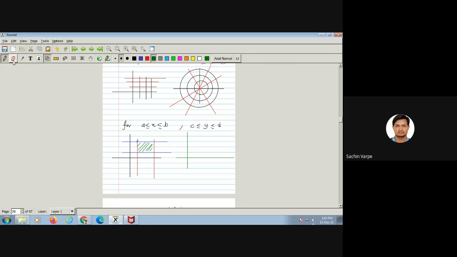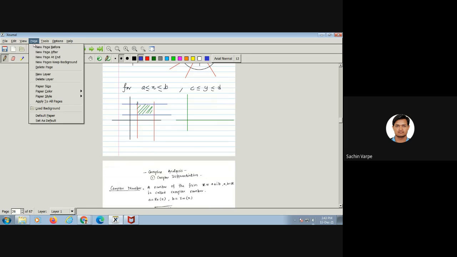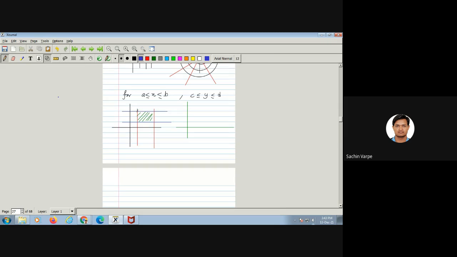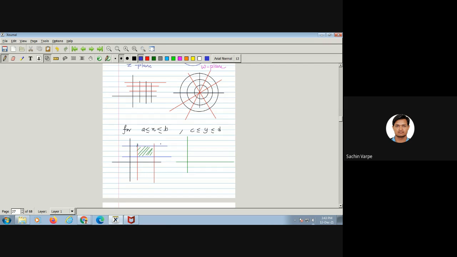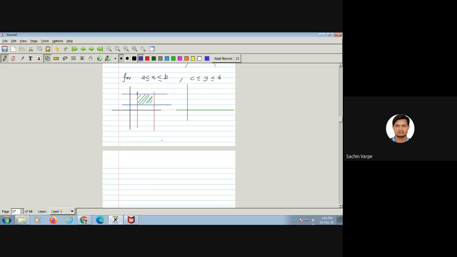As we know, under w equal to this transformation, x equal to a gives a circle with radius e raised to a, right? तो यहाँ अगर मैं एक्सपोनेंशियल लेता हूँ दोनों साइड से तो क्या मिलेगा मुझे? e to the power a is less than or equal to e raised to x is less than or equal to e to the power b. But this e raised to x is nothing but my rho. So e raised to a is less than or equal to rho is less than or equal to e to the power b.